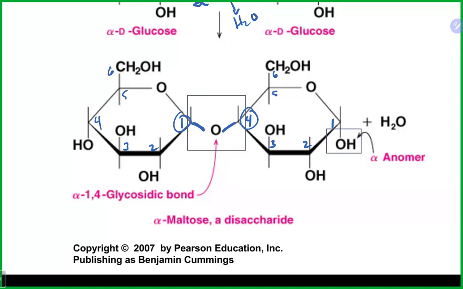It is only alpha because only carbon number 1 here is involved, which is the alpha carbon. Over here, this is the alpha carbon, but it's not involved in the bond formation, so that's why we don't say alpha alpha, and there's just one alpha. This is the alpha anomer of the disaccharide for the same reason: on this guy way over here on the right, the OH group is on the downward side.